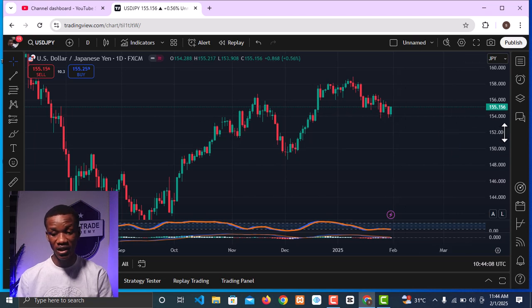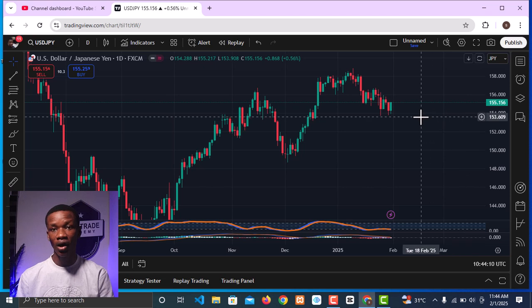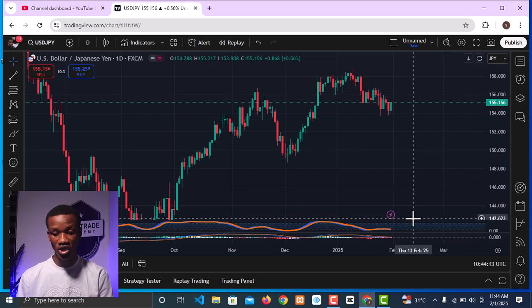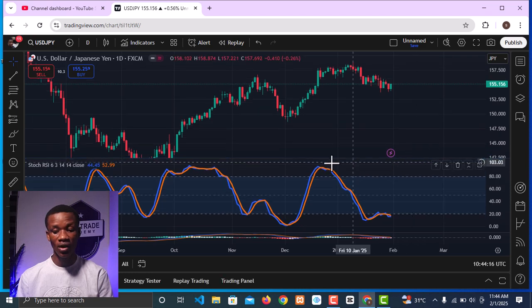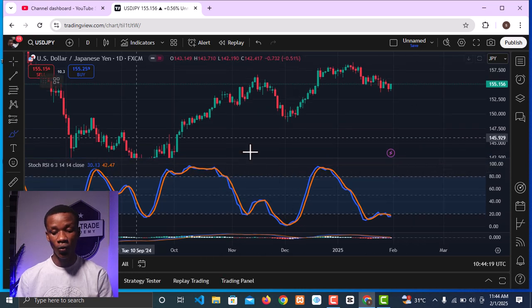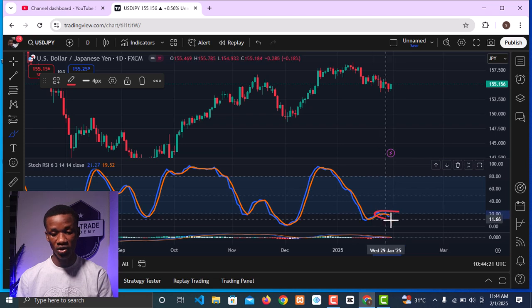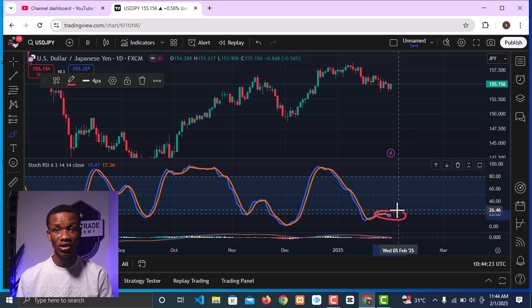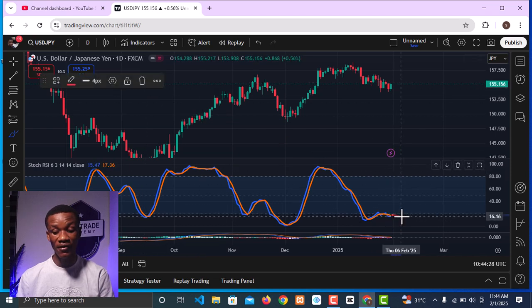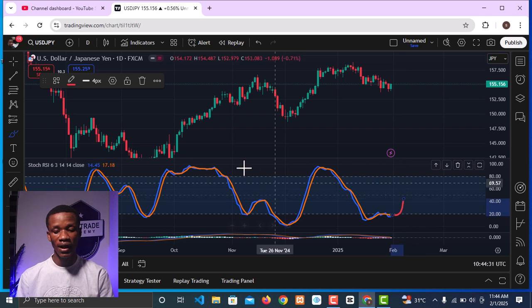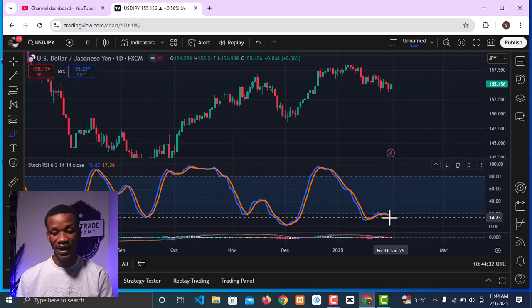The second thing that you need to do in this strategy on the higher time frame is to check the position of the stochastic RSI indicator. Right now it is at oversold condition. Since it's at oversold condition, it means that the market has the capability of moving from oversold very soon all the way upward. So we need to pay attention to the market coming out of oversold condition.